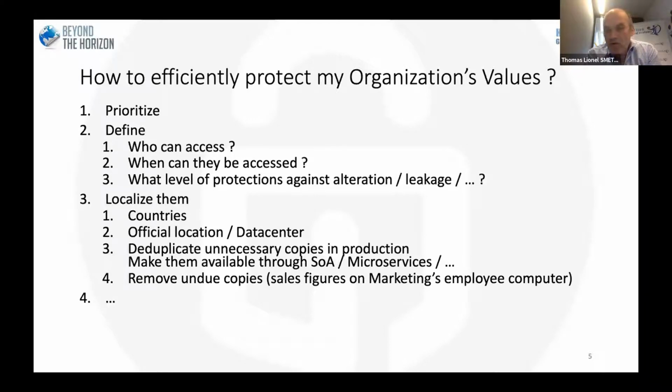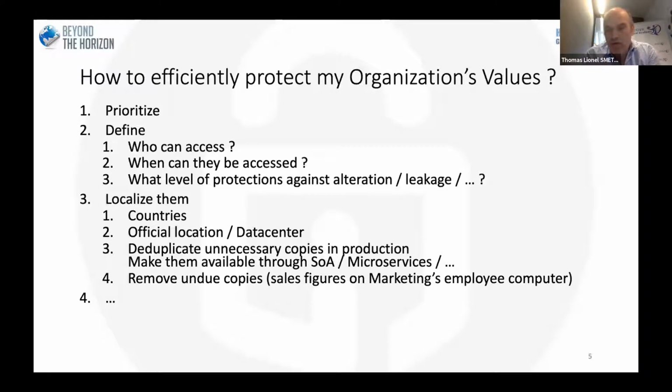We probably also have to localize them. We are getting into a world economy. So if you look at the major banks, they have offices in not all countries, but a lot of countries. And so basically we also have to know exactly what is available from where and how we can define it.